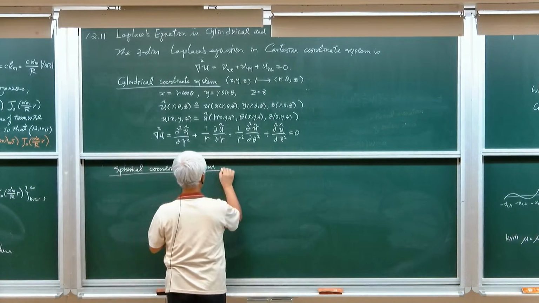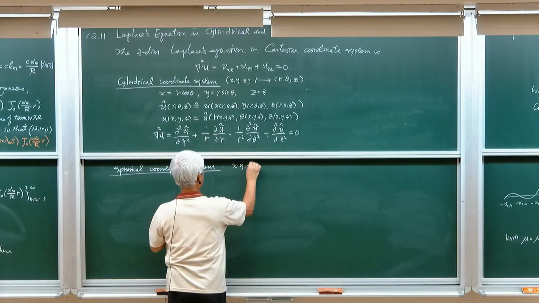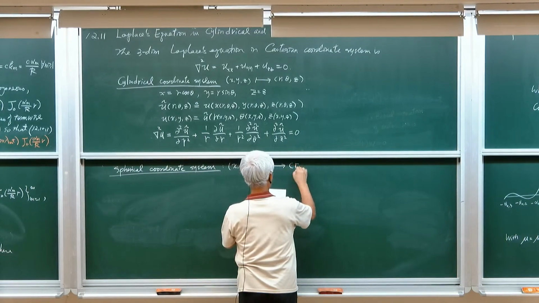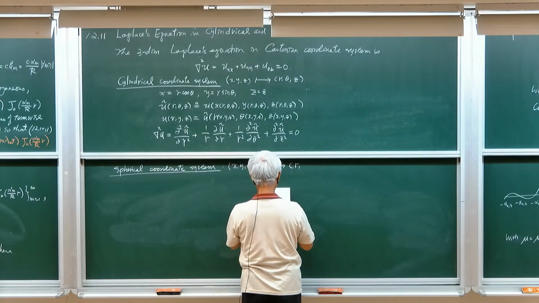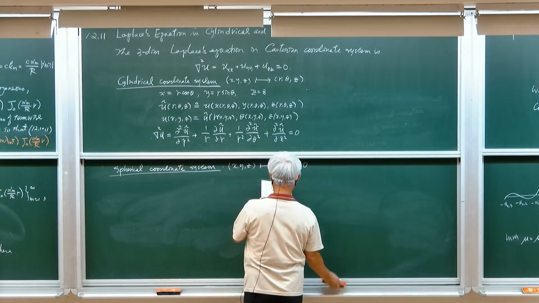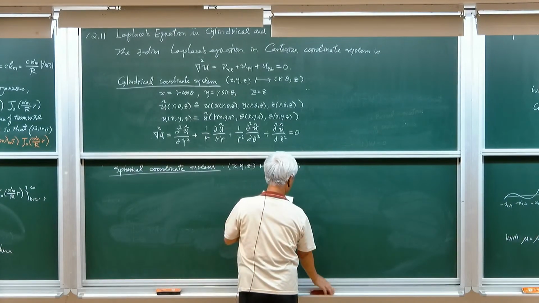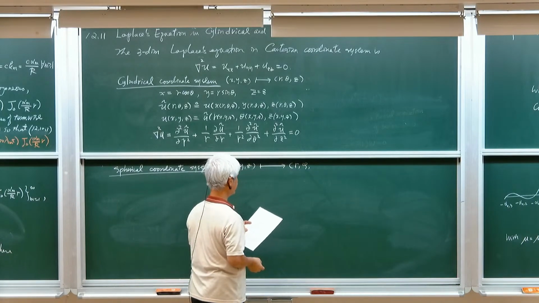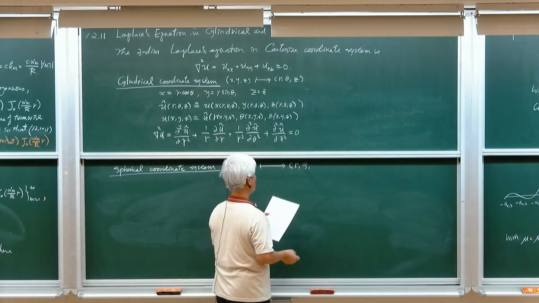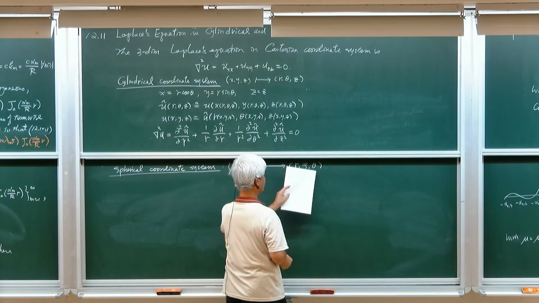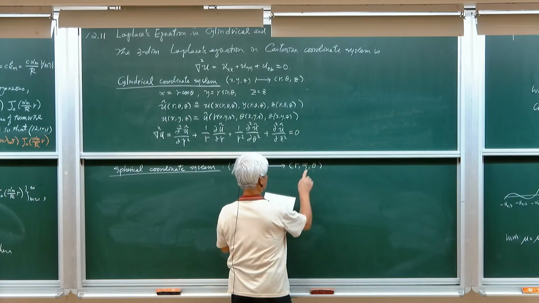Here the Cartesian coordinates will transform to the radial distance, the horizontal angle, sometimes called the azimuthal angle, and also the elevation angle theta, or vertical angle, or polar angle.